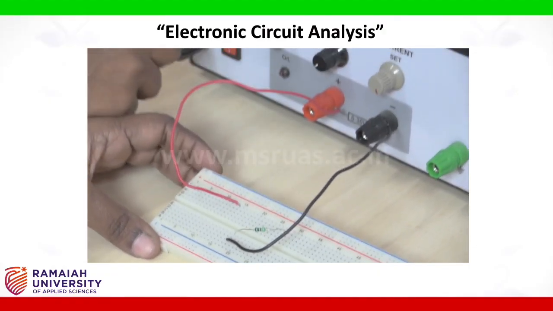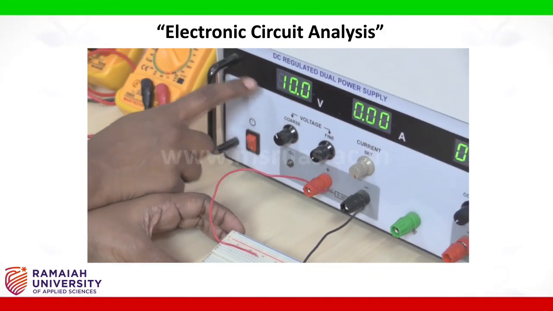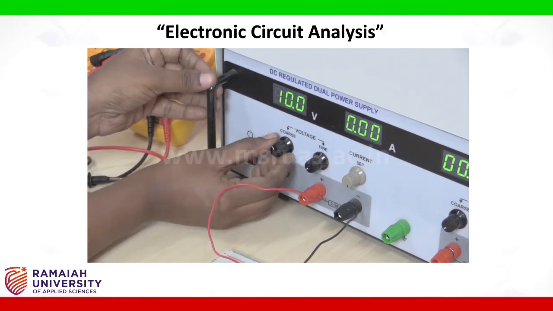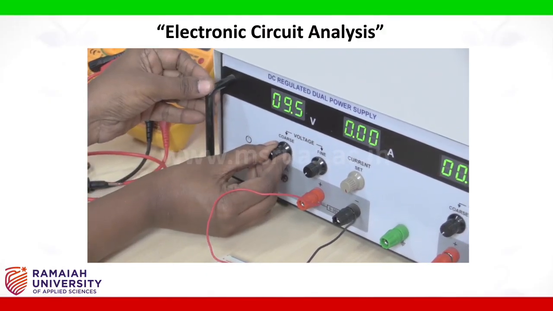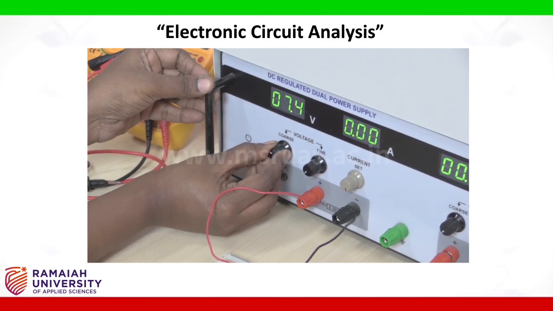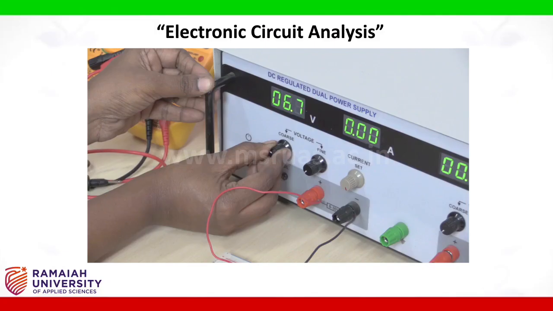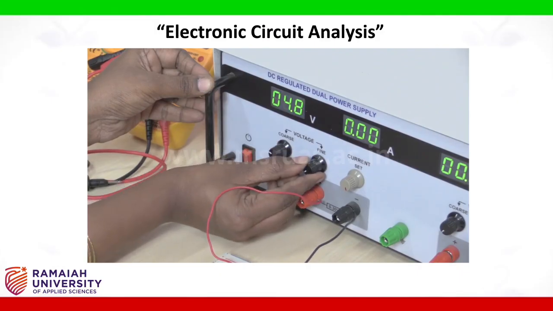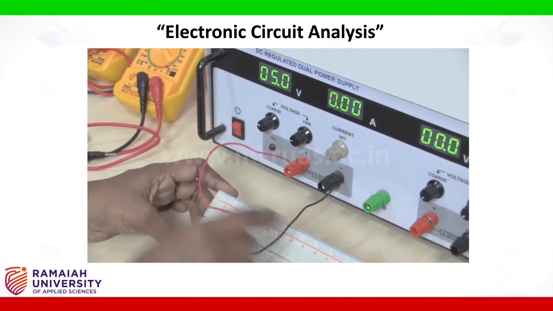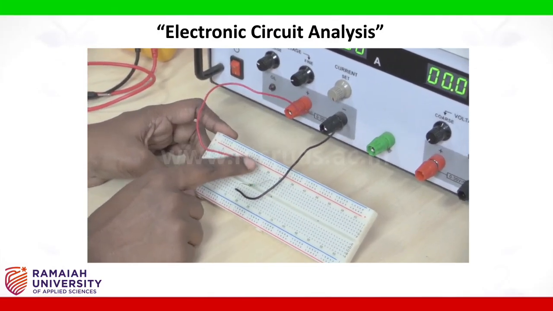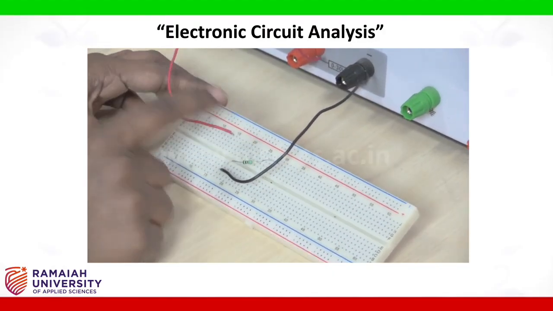Change the voltage reading to 5 volts. Between the two, connect DRB.